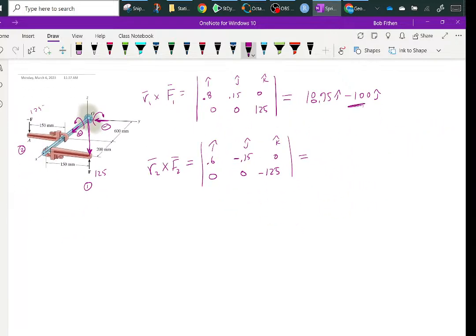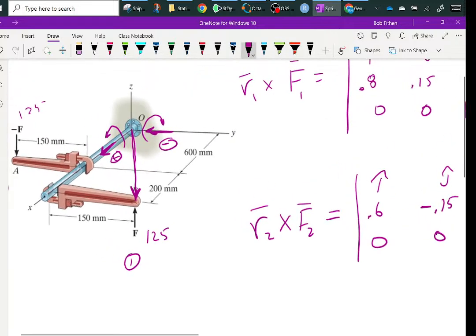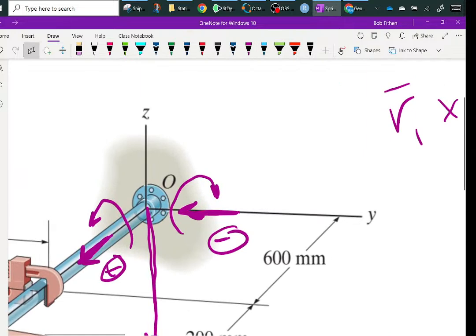So it's minus in the y and it's plus in the x. So how did I know the signs? Because if you take the fingers of your right hand and roll them that way, pointing your four fingers rolling that way, which way does your thumb point? Your thumb points this way.